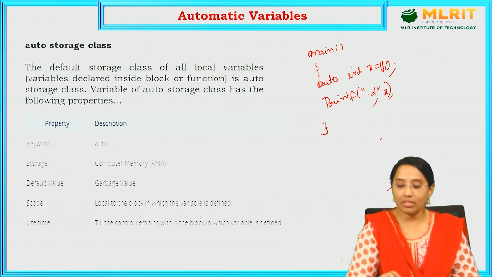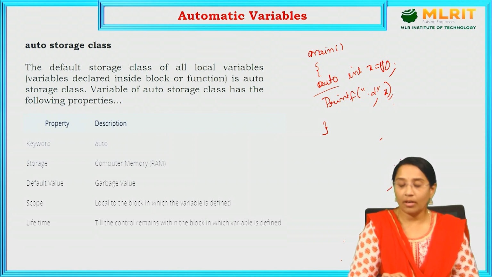If a variable was declared like this in the auto storage class, what will be the default value of this variable, what is its lifetime, what is its scope, and where will that variable be located?